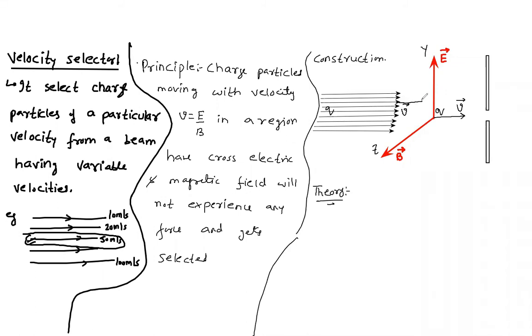Once its path gets deviated, it collides with the wall and cannot cross the wall. But charged particles of a particular velocity v, we will decide what is the value of this particular velocity, will not experience any force. If they don't experience any force, then they will not deflect.